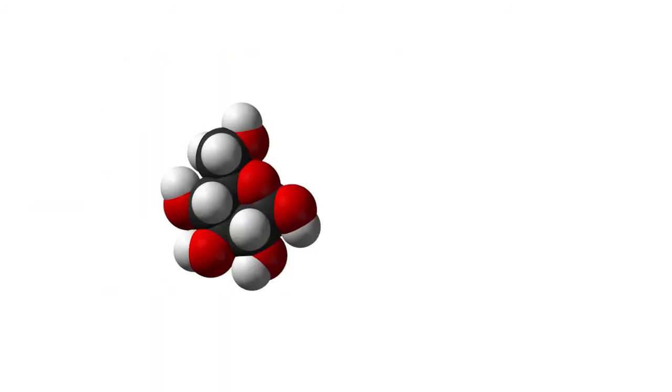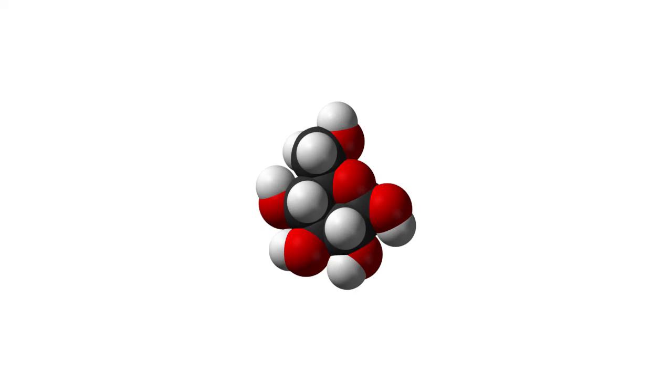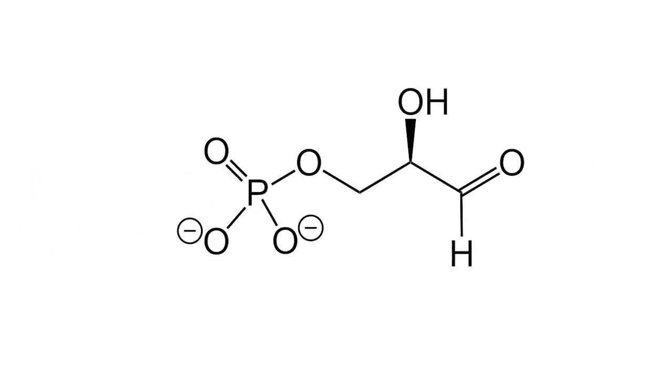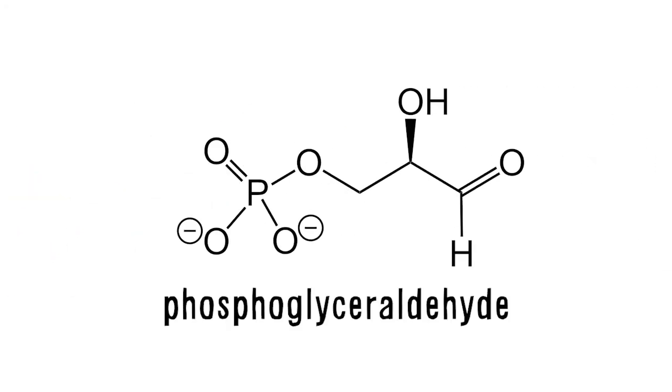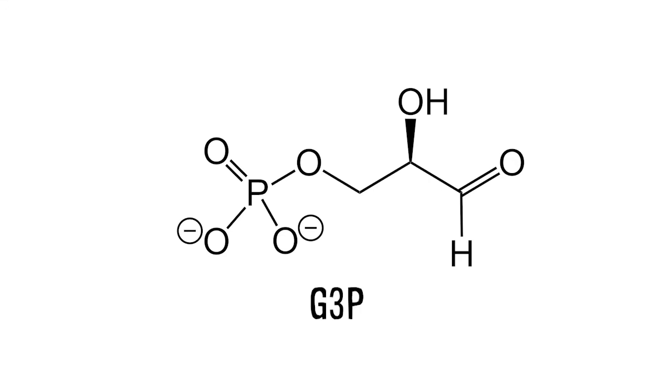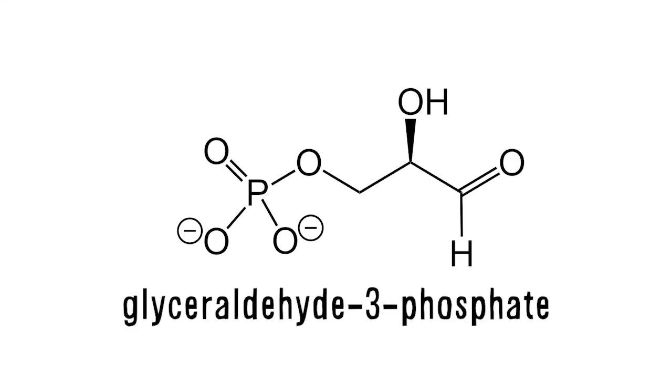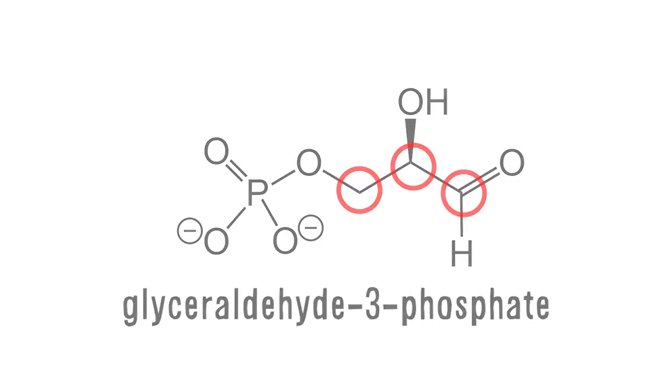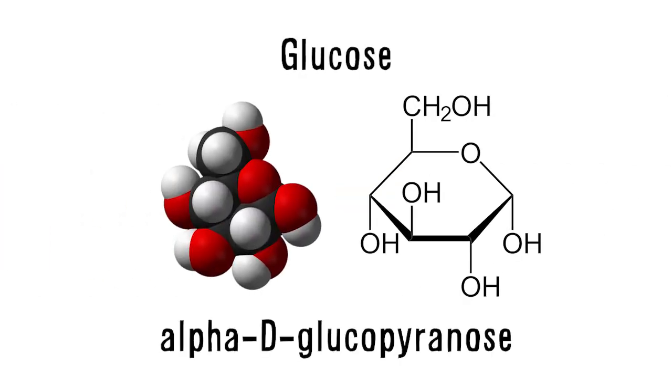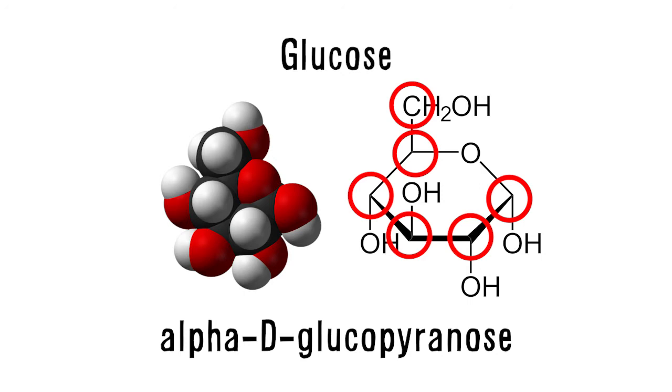The dark reactions do not immediately produce glucose. Instead, it produces PGAL, or phosphoglyceraldehyde, also known as G3P, or glyceraldehyde triphosphate, which is a 3-carbon molecule that is used to make glucose, which is a 6-carbon molecule.